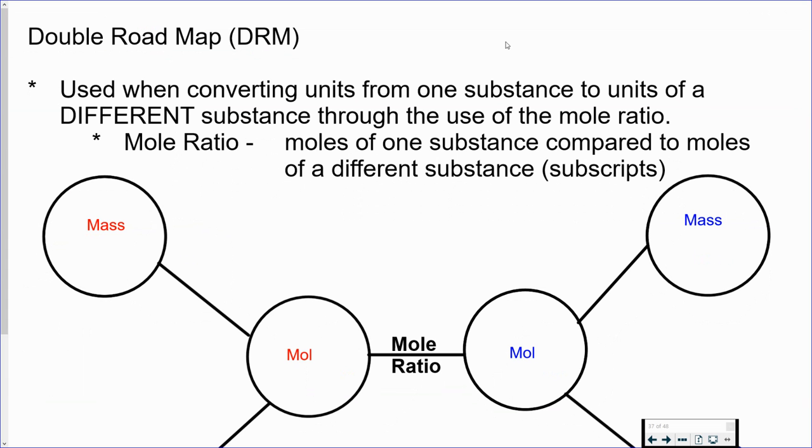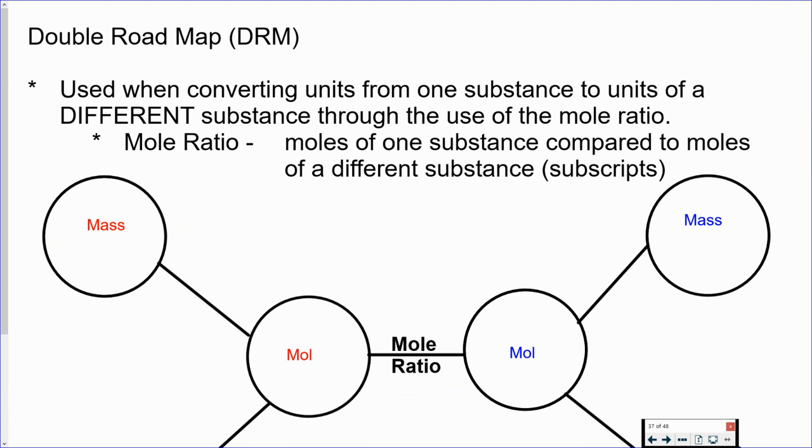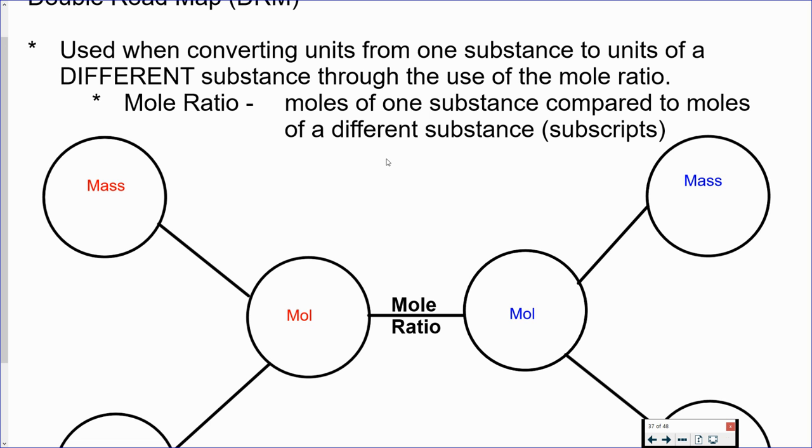Let's talk double roadmap. Now, this is stoich light, as I like to call it. It's just about stoichiometry, but it's not the full thing. Within a compound, we can use the molar ratio to go from one part of it to the whole or from one part to another.